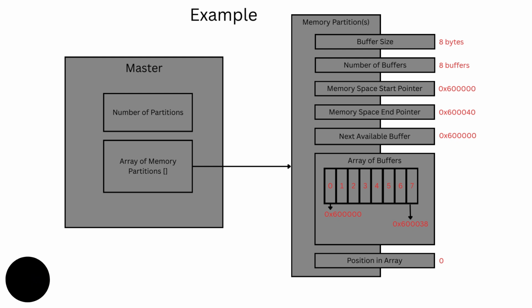How that affects the rest of this: you can see the position in the array is 0. So we're looking at the first position in the array. That is going to be our next available buffer, and also our start pointer. You can see also that the end pointer is 600,040 hex.